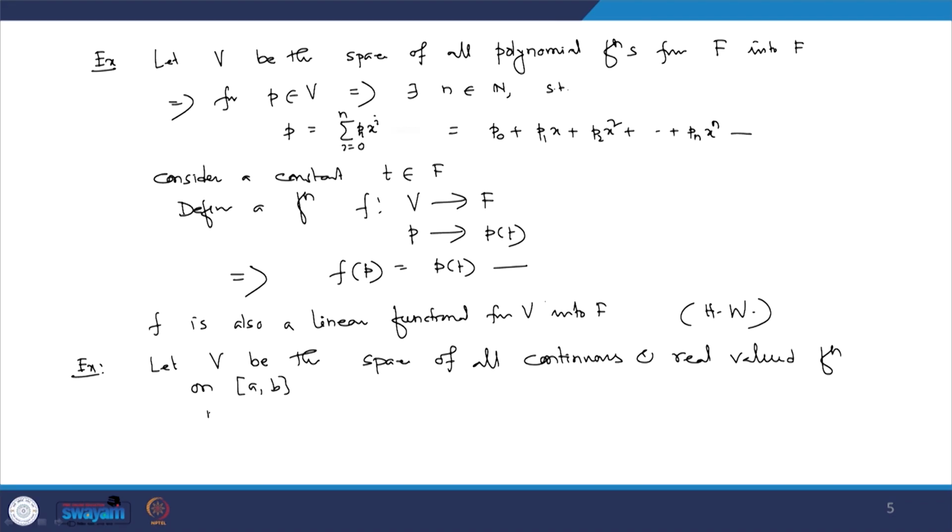That is, V equal to C[a, b]. Okay. So, suppose this is my space.